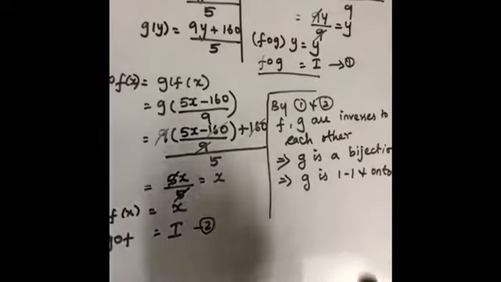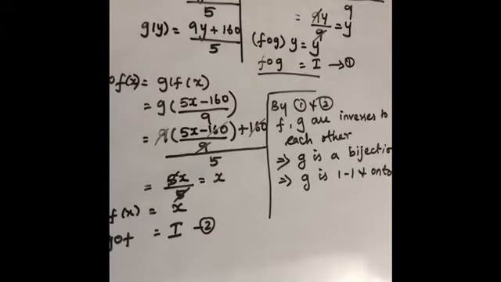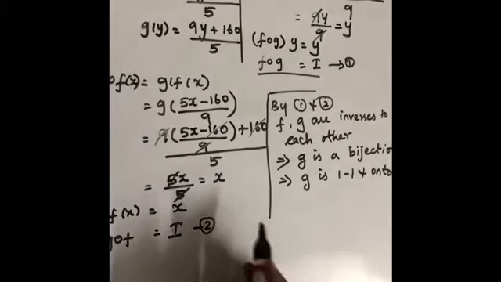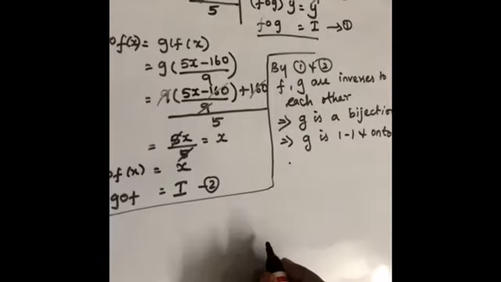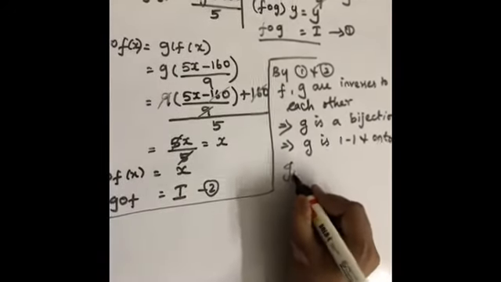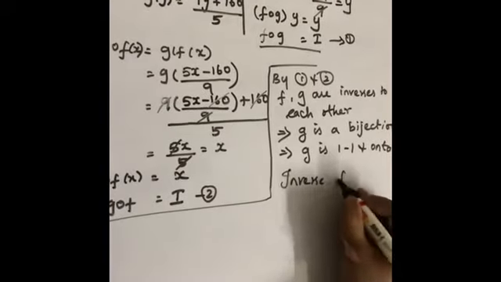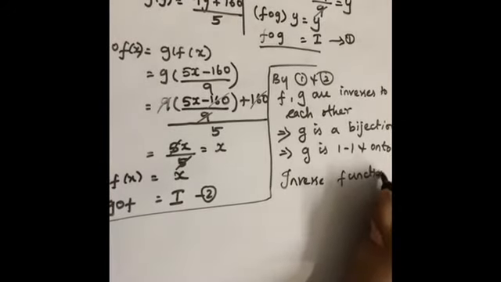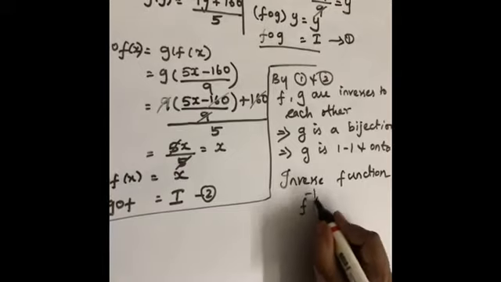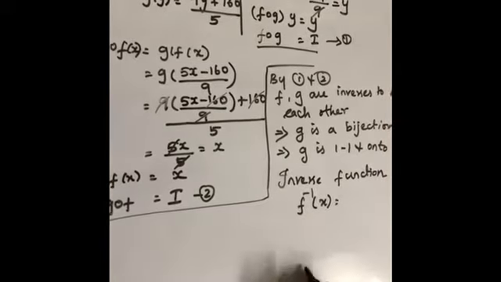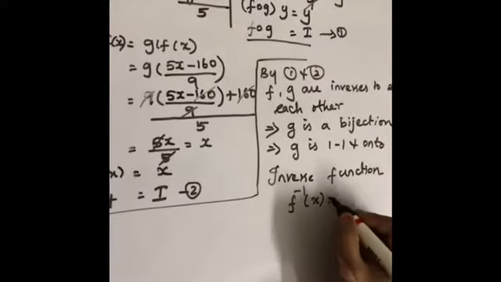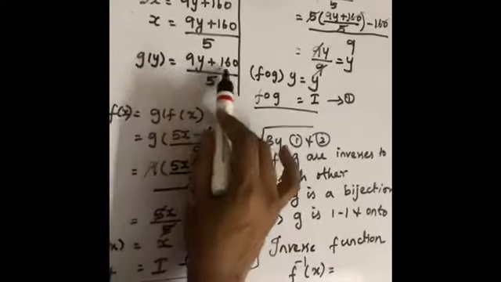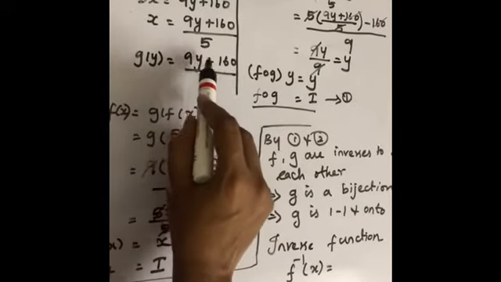Now we have concluded. Now what we have to write? Now we have to write the inverse function. So the inverse function is f inverse of x, that is g of x. f inverse of x is the inverse function. In g of y we have to substitute x instead of y.